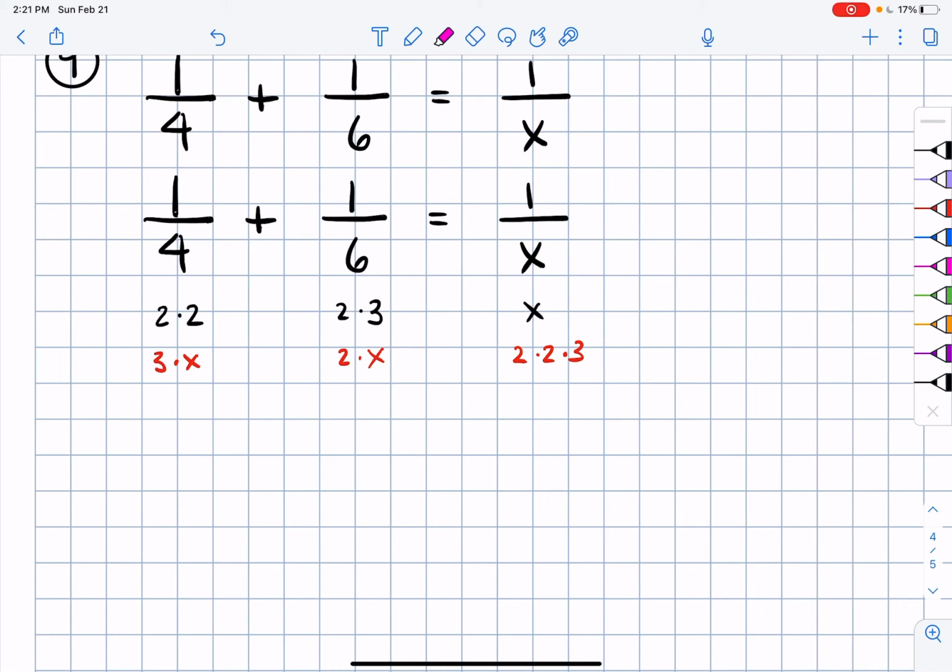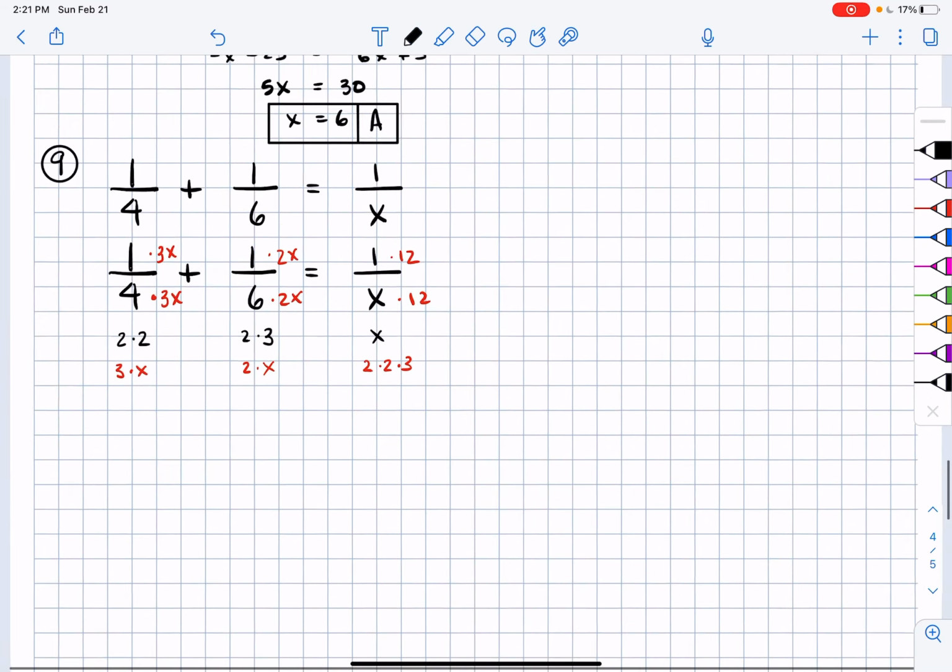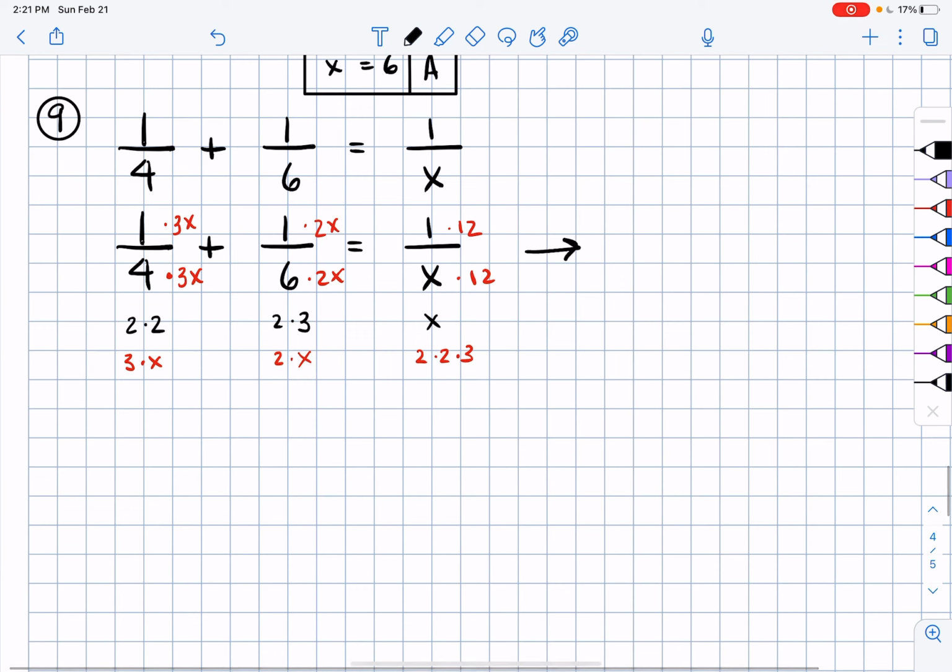Perfect. So that means I got to multiply this one by a 3x on top and bottom. I got to multiply this by a 2x on top and bottom. And I got to multiply this by a 12 on top and bottom. Because 2 times 2 times 3 is 12. So what equation do I get? There we go. All right.